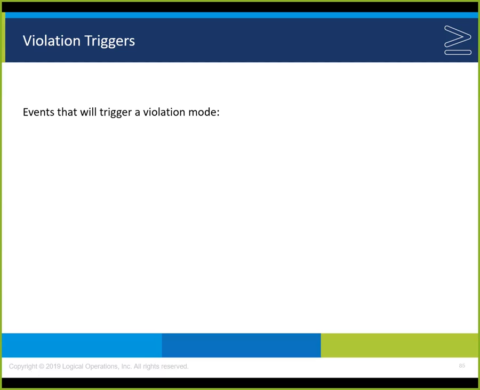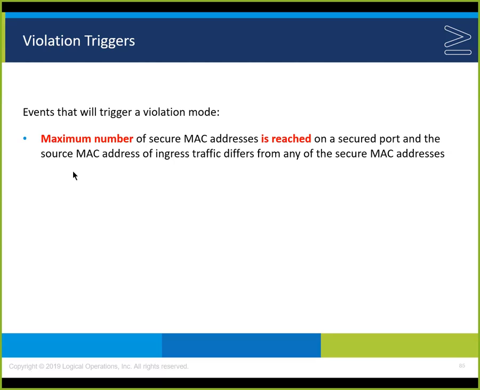Violation modes: if we move from one to the other, events will trigger a violation mode. Violation triggers here: the maximum number is reached. We saw that on a secured port. When the maximum of addresses is reached, it's going to trigger whatever violation mode we've configured on it.